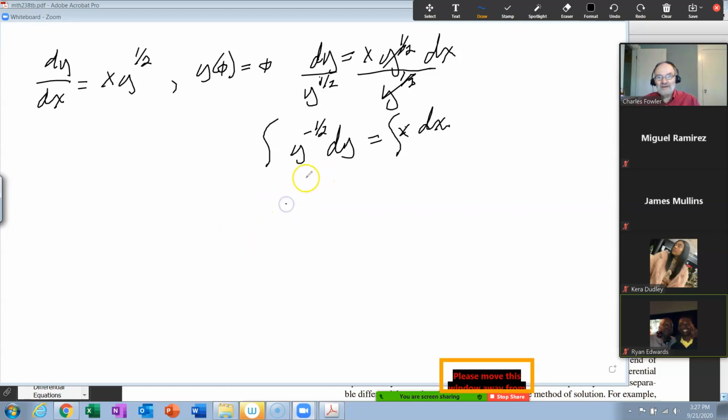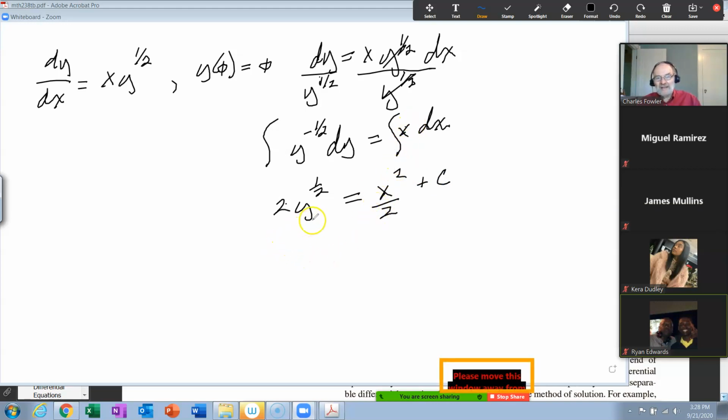Sorry. Okay, integrate this, and that will be y to the, add 1 to that, to the 1/2, divide by 1/2, which is the same as multiplying by 2, is equal to 1/2 x squared, plus c. Again, increase this by 1, that'll be a 2 divided by 2.